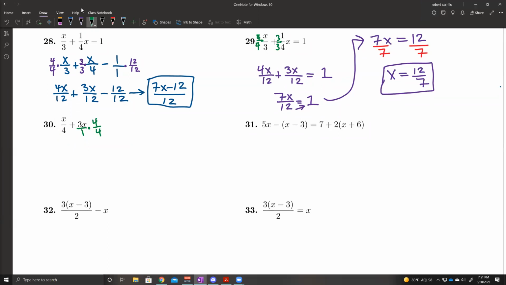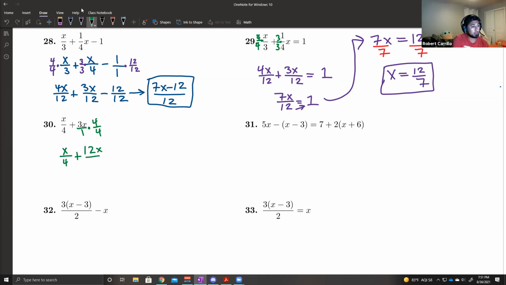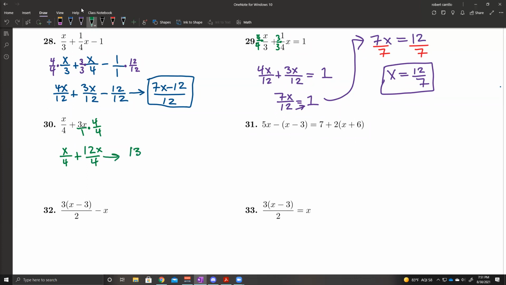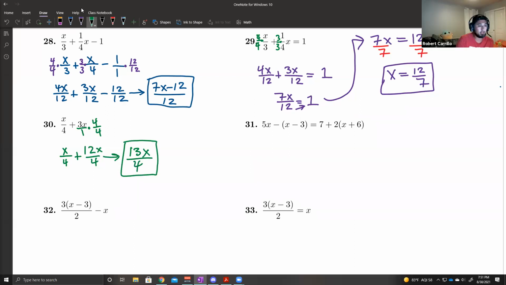Multiply that by 4 over 4, and we get left with x over 4 plus 12x over 4. Now these have the same denominator. You can add your numerator, and what's my final answer? 13x over 4. Perfect. All right, cool.